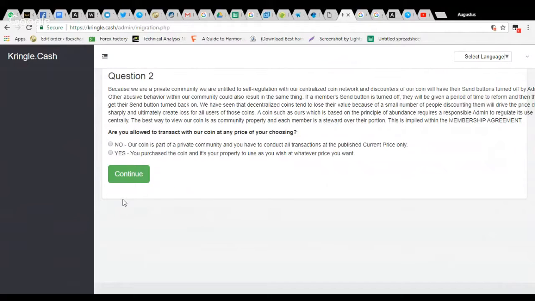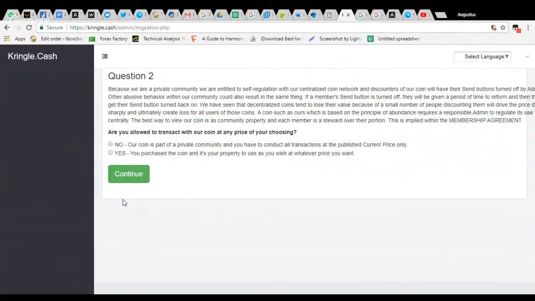A coin such as ours, which is based on the principle of abundance, requires responsible admin to regulate its use centrally. The best way to view our coin is as community property, and each member is a steward over their portion. This is implied within the membership agreement.